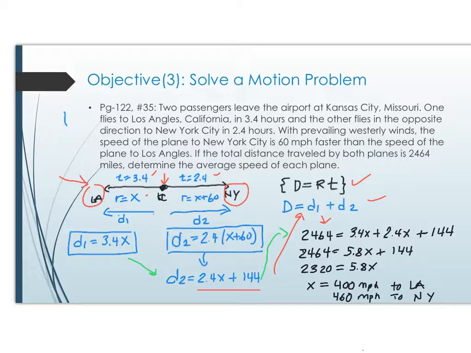I subtract 144 from both sides, and I get 5.8x is equal to 2320. I divide both sides of the equation using the equality principle by 5.8, and I get x is equal to 400 miles per hour to LA, and that means that I go 460 miles per hour to New York.